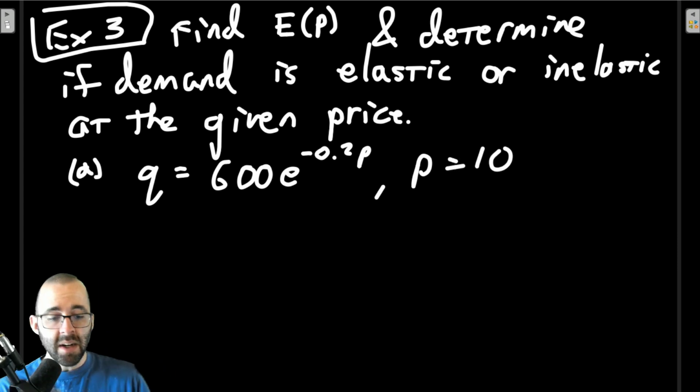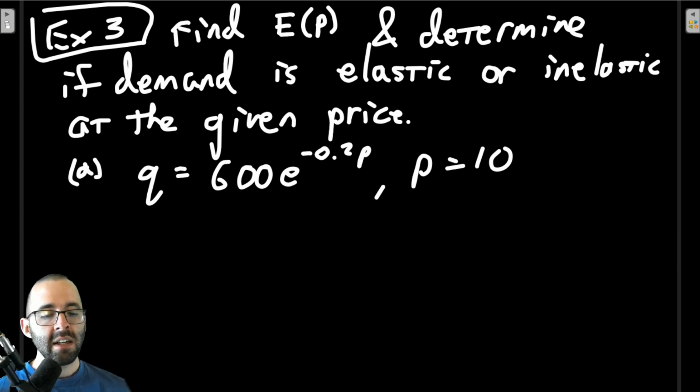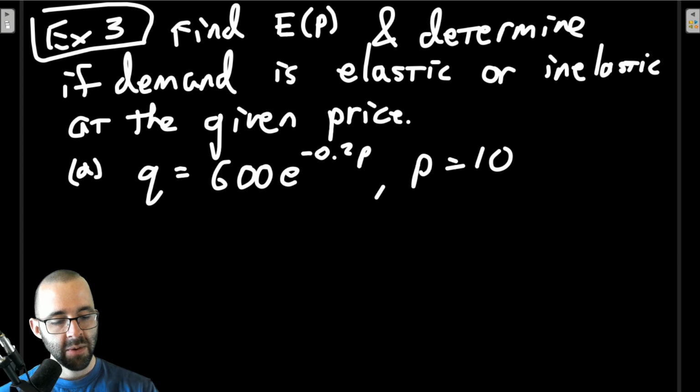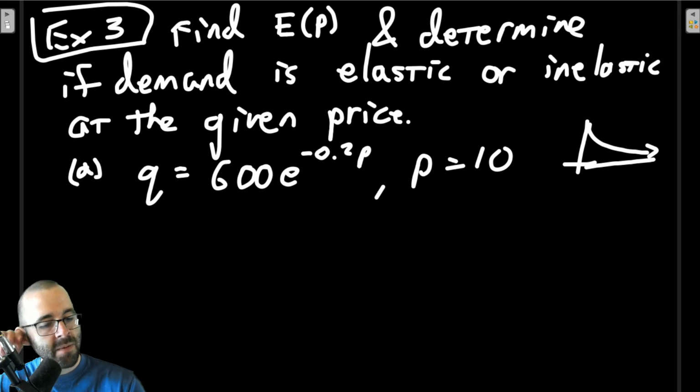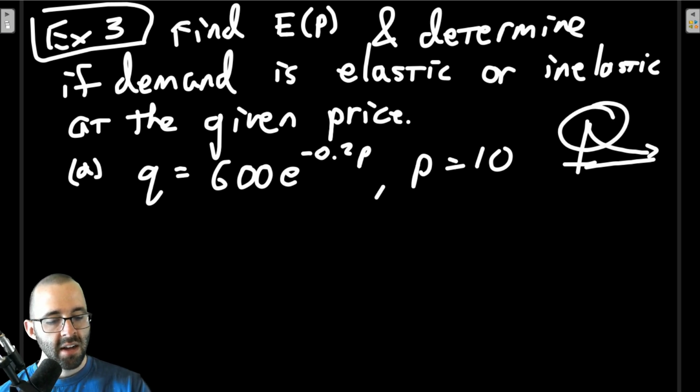A lot of times we dealt with linear demand functions in this class. Here's a nonlinear demand function; this demand function is exponential. Initially, an increase in price has a very large effect on quantity sold.